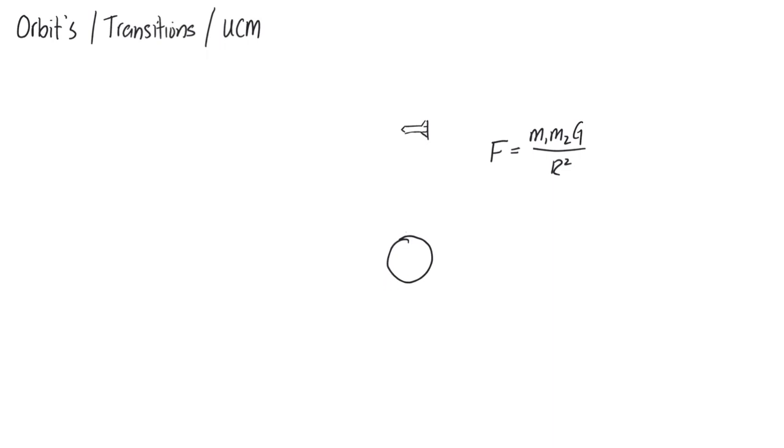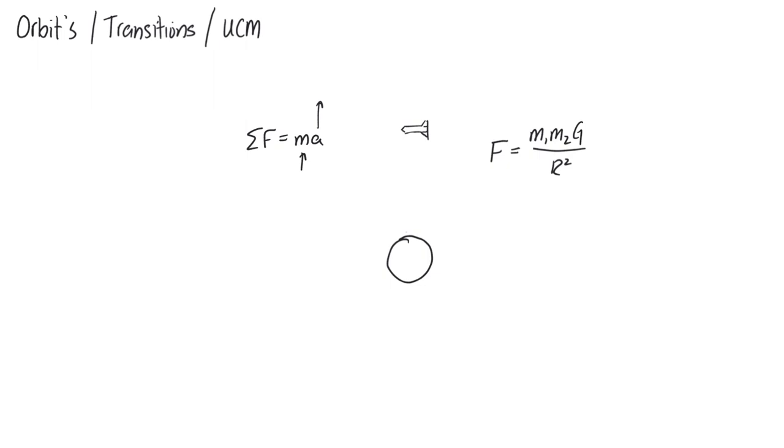We know this because net force equals MA. They both experience the same size force, but the one with the smaller mass will have the larger acceleration. So if we're talking about a rocket and a planet, the planet's not going to accelerate hardly at all. The rocket is going to accelerate a lot.